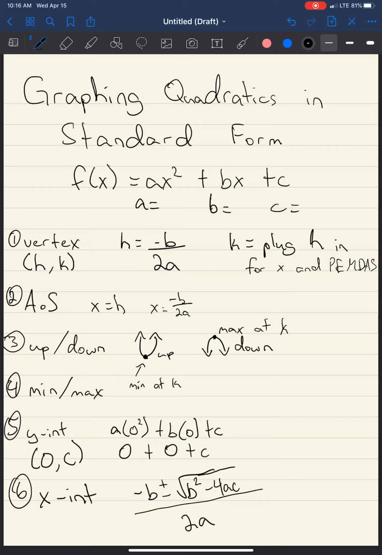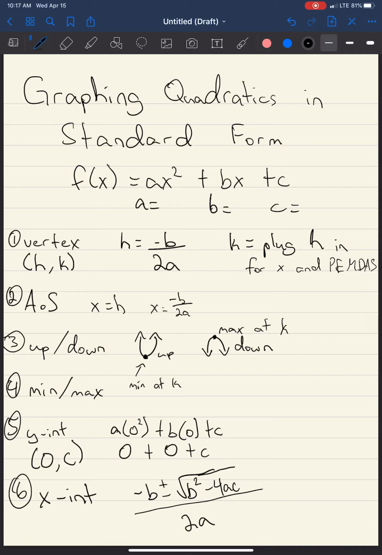Once we have our A, B, and C, we can just plug them in and solve with the quadratic formula. Usually we'll end up with two answers because of this plus or minus, which we always deal with at the end by splitting it into our two equations like we did earlier in the year. So those are the 6 parts.